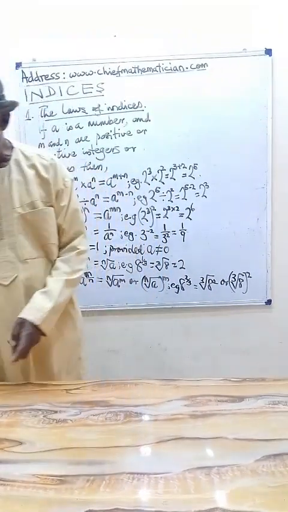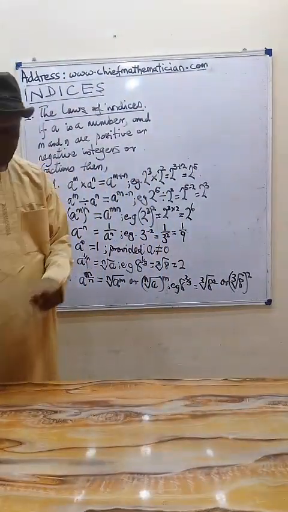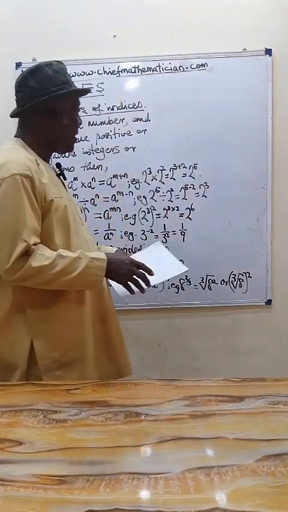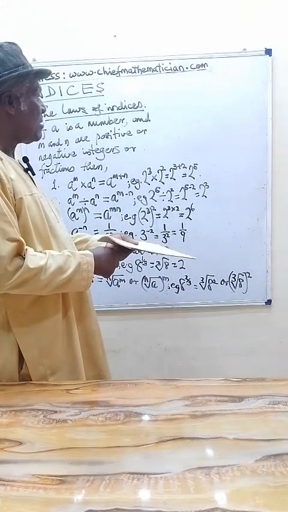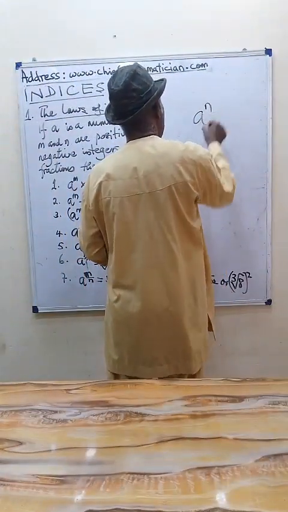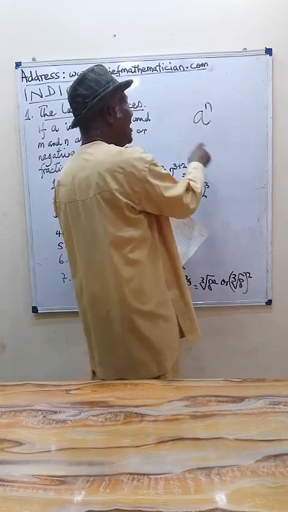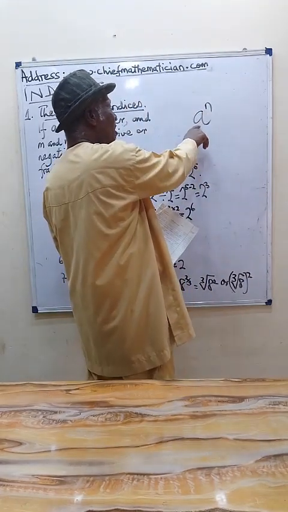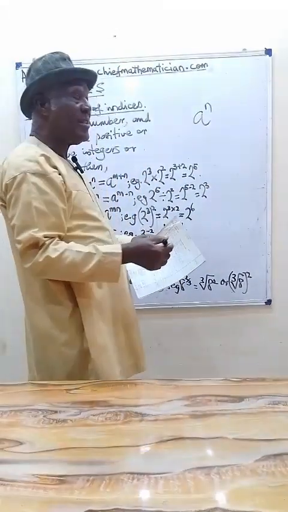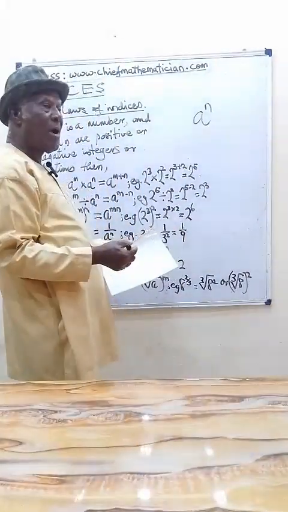Now, you will take note that if you have something like this, N to the power n, this n is the index. N to the power n is a number raised to the power of n.